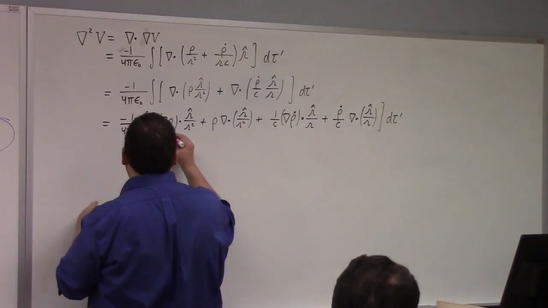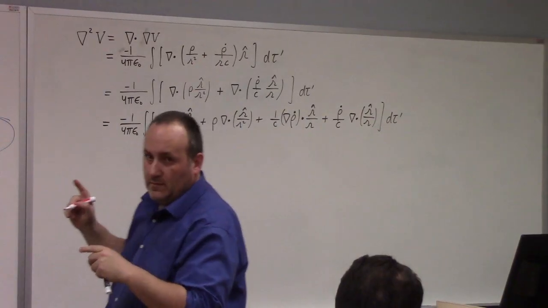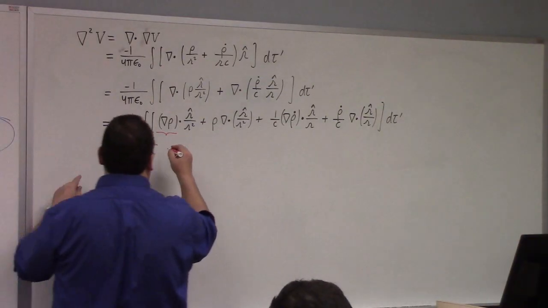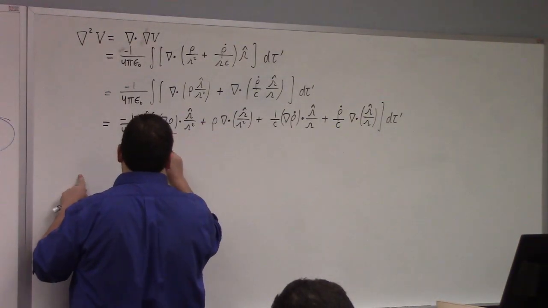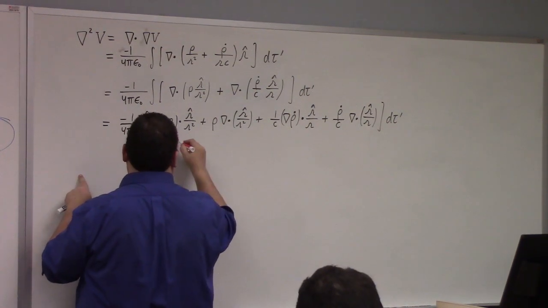But I'm going to save myself a little bit of writing here. This right here, we already know what that is. We worked that out before. That one works out to minus rho dot over c r hat. So r hat, right? That's this term.